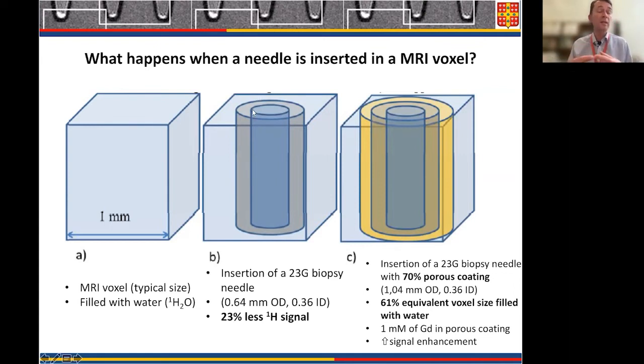So this voxel eventually will not give signal unless you add a certain coating that contains water. So if the coating of the biopsy needle is made of at least 70% of water, then it will be able to generate a signal.